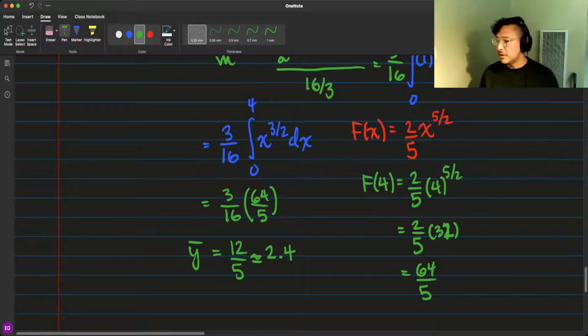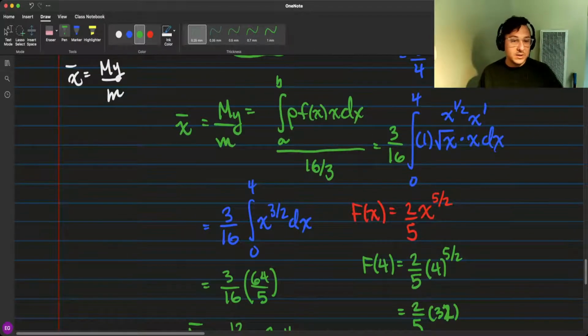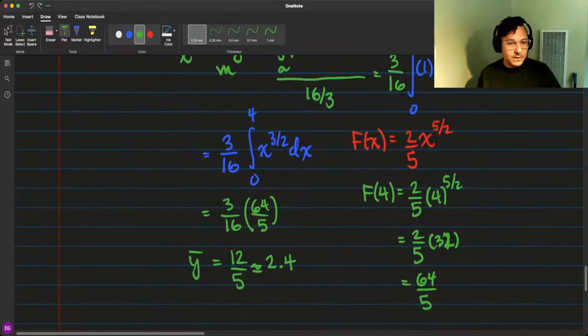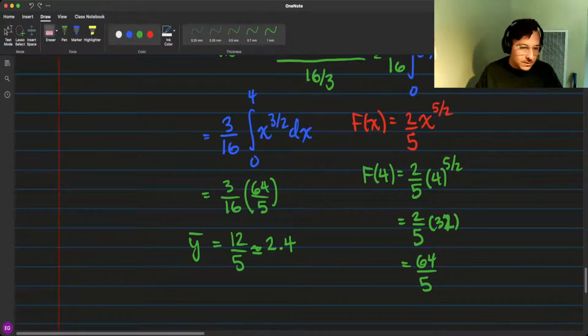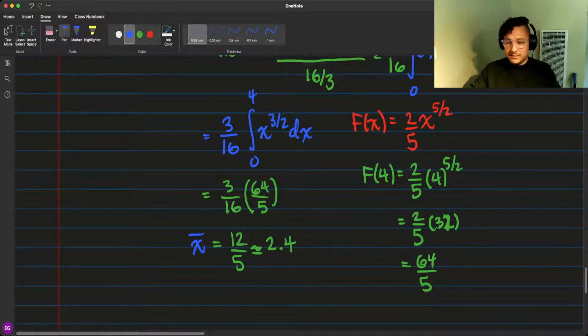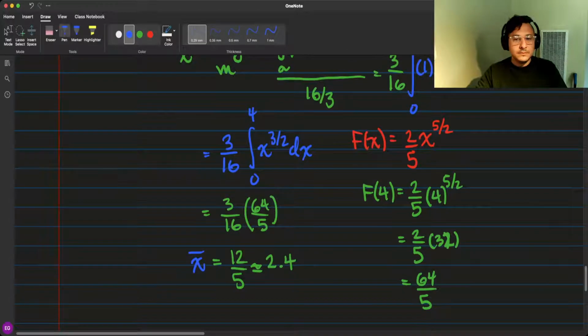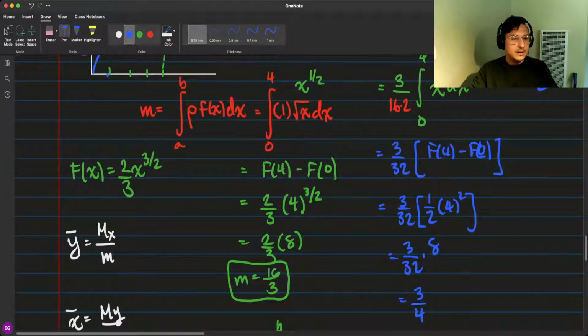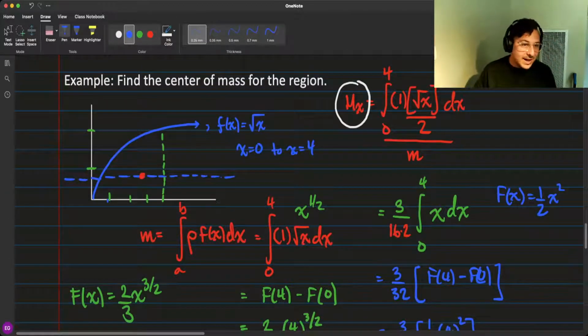So there's our x coordinate, my bad. We were calculating our x coordinate. If we scroll back up, where's our center of mass? Actually, I made a pretty good guess. X equals 2.4 is right here approximately.